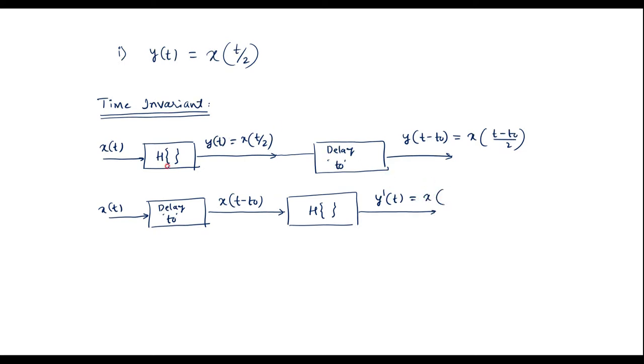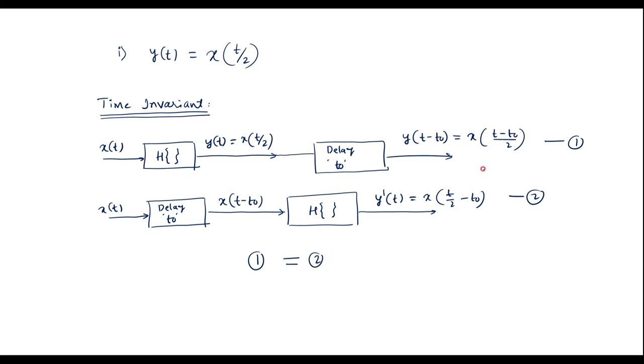So here we can see that this system will replace the t by t by 2. Similarly, here also the system will replace t by t by 2. So I can represent it as replace each t by t by 2, that is t by 2 minus t0. I will call it 1, I will call it 2. So here if 1 is equal to 2, then we can say that the system is time invariant.